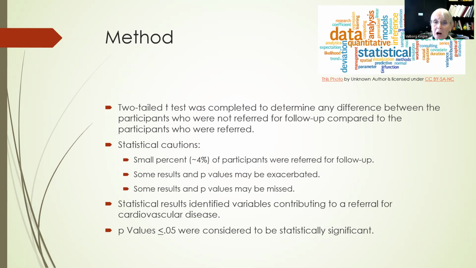And since we had a small percent of participants referred for follow-up, statistical caution is warranted, as p-values can be exacerbated or they can be missed. However, we did have statistical results identifying variables that contributed to a referral for cardiovascular disease. The p-values less than or equal to 0.05 were considered to be statistically significant.